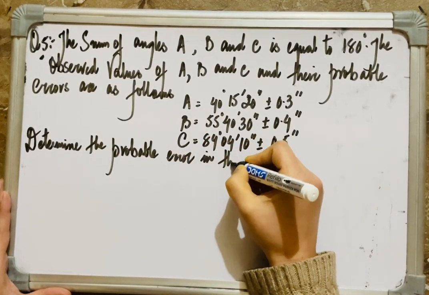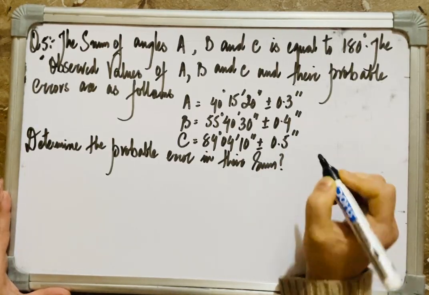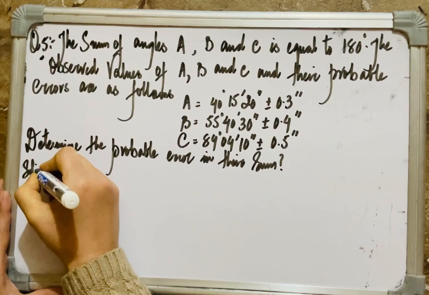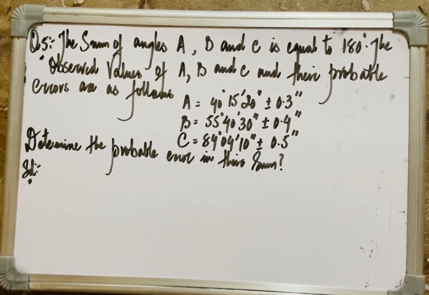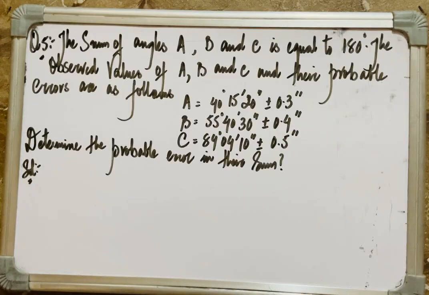All right, so the question is the sum of angles A, B, and C is equal to 180 degrees. The observed values of A, B and C along with their probable errors are given as follows. We have to determine the probable error in their sum. So by using the general expression in case of addition or subtraction, what is my probable error or the standard error?